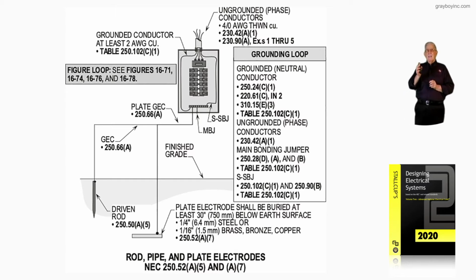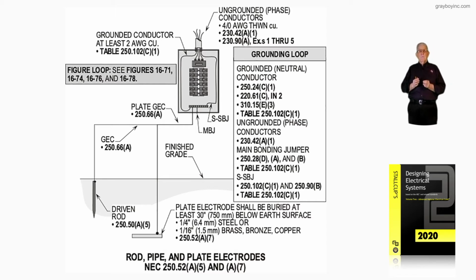Now, I like this little grounding loop that we have. Notice the grounded neutral conductor at the service is routed with the phase conductors to the overcurrent device in the panel board, and we're grounding in accordance with 250.24(C)(1).